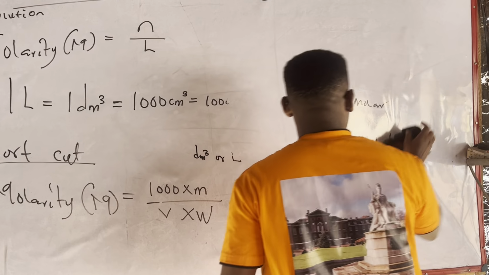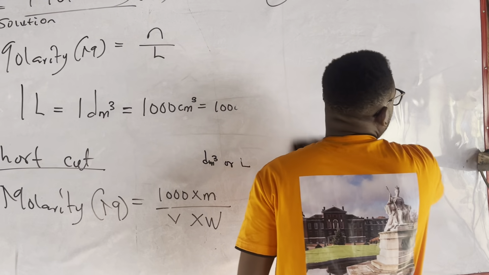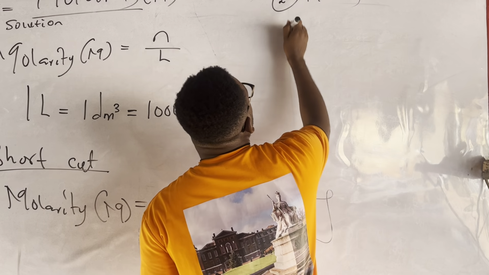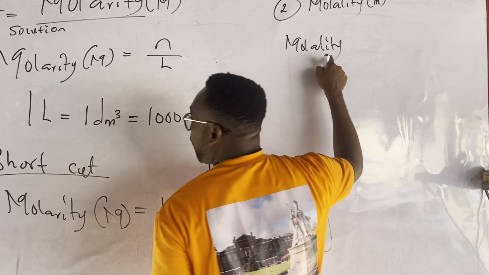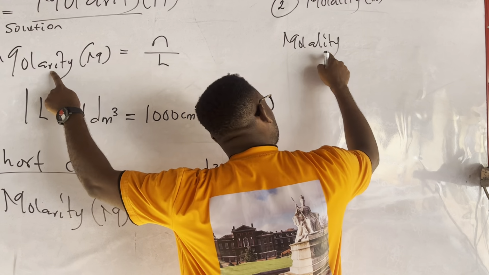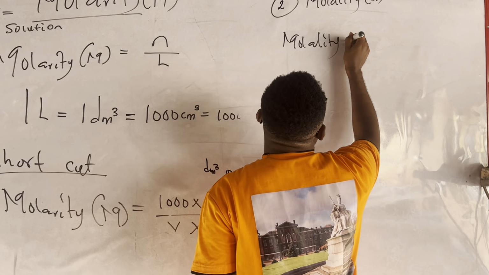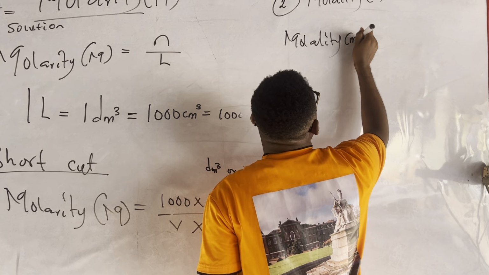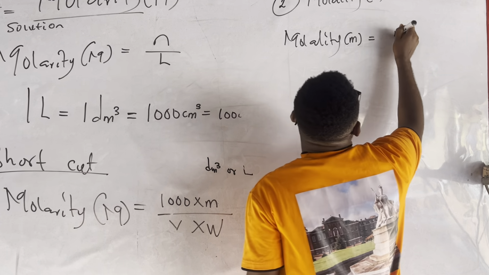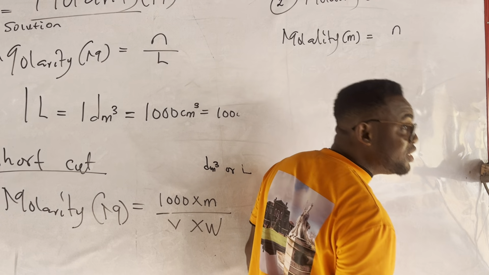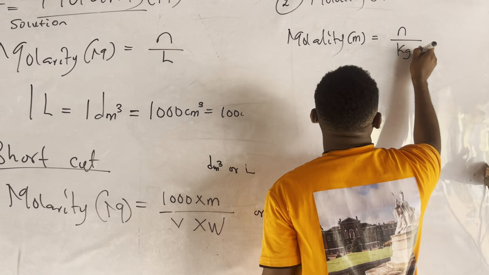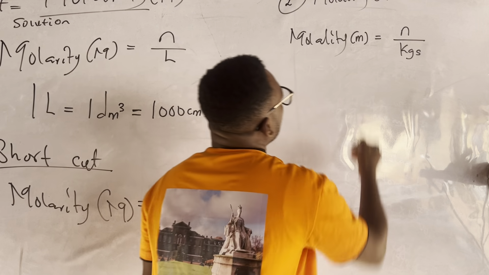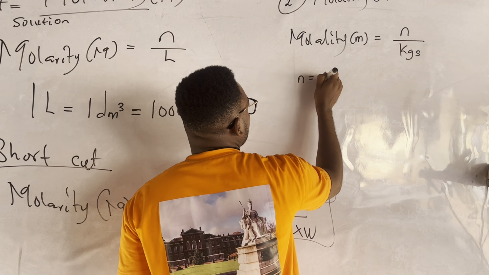Moving on now, let me quickly show you the formula we use in solving molality. Take note. Molality is equal to number of moles of solute over the kilograms of solvent. So the N in my formula stands for what?